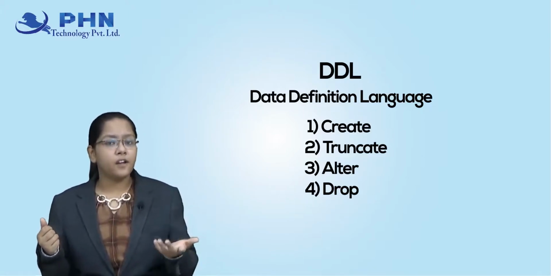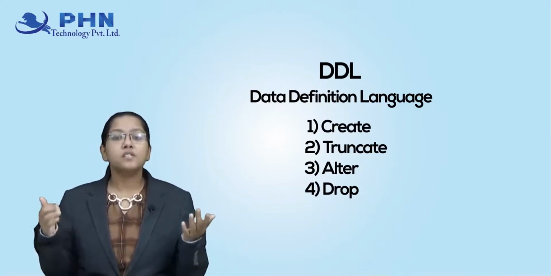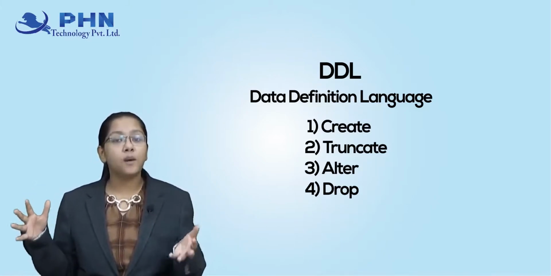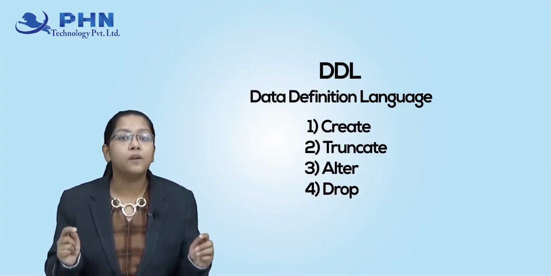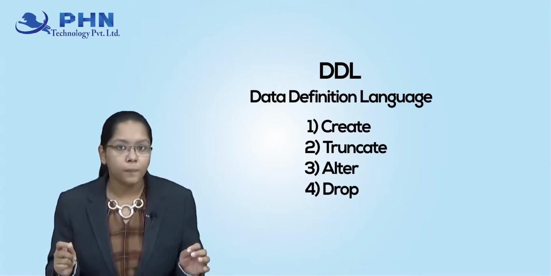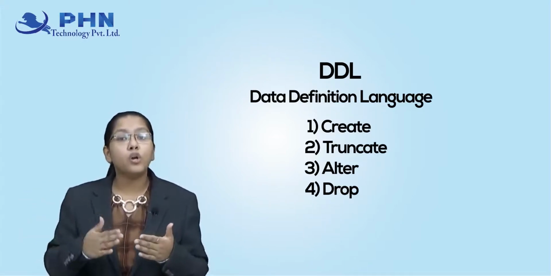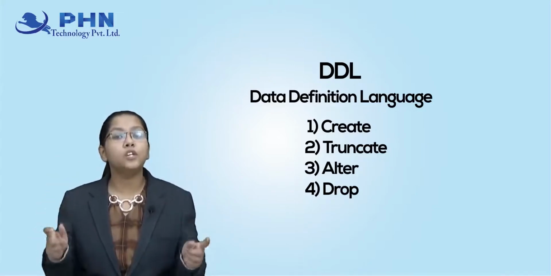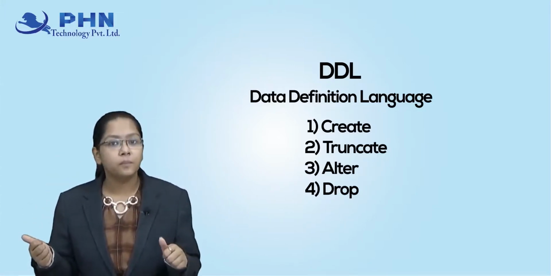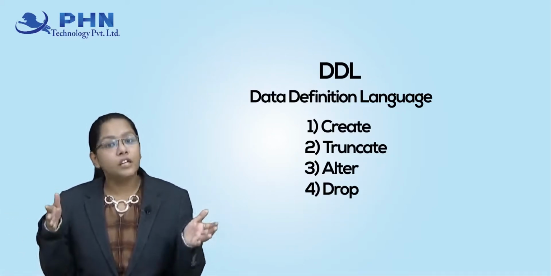Alter and truncate do the same kind of thing; we will see them in later sessions. These are the commands which directly perform their operations over a complete table as a whole. If you want to perform operations over the complete table, you need to use commands like these. Create means creating a table, drop means deleting a table.